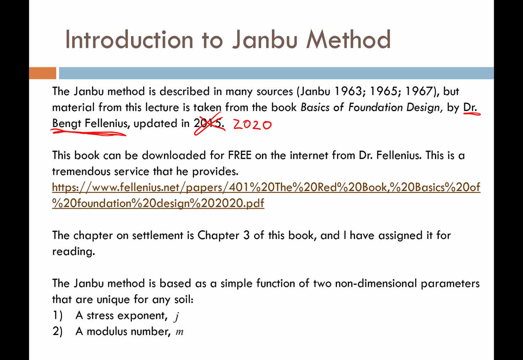As a student, usually you're gouged for the textbooks that you have to purchase for school. Well, folks, here is a free textbook. The best thing to do is just go to fellenius.net/papers and then look for the Foundation Design textbook.